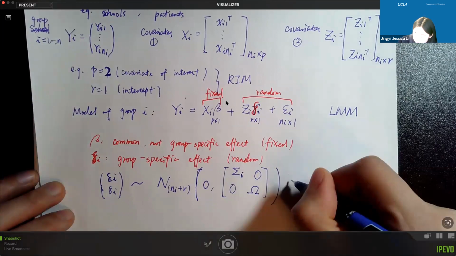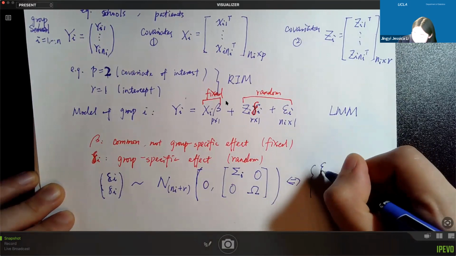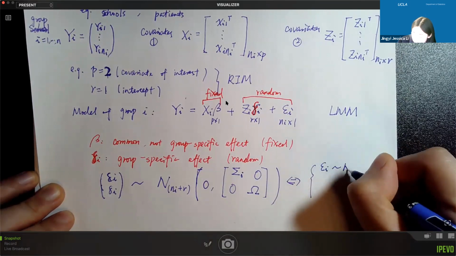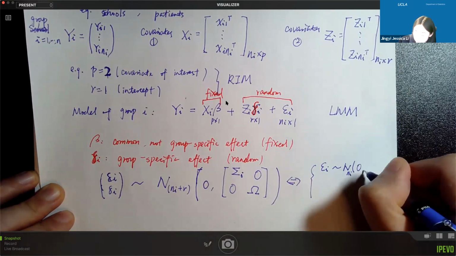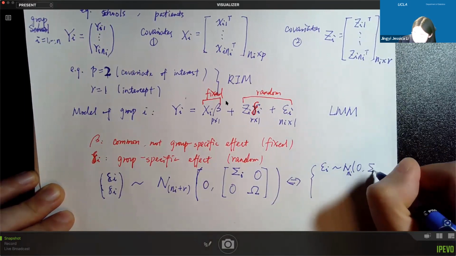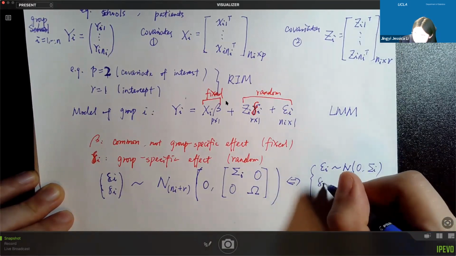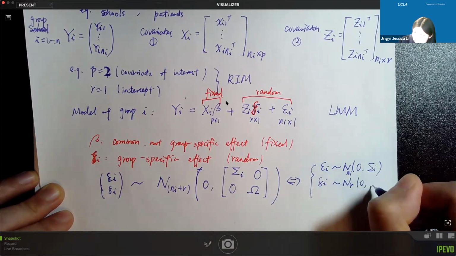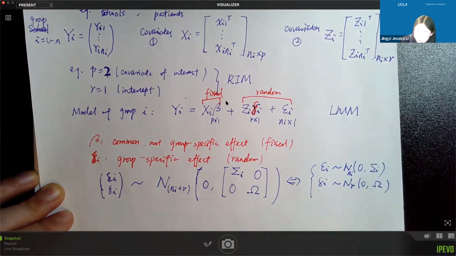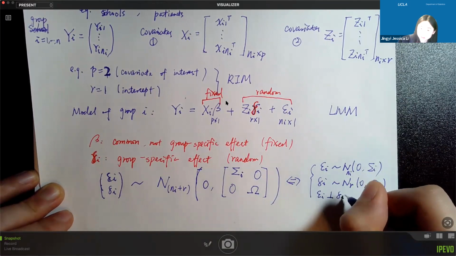Or you can write it in this way, if you are more familiar with that: epsilon_i following a normal distribution with n_i degrees of freedom, mean vector 0, and covariance matrix Sigma_i. And we have delta_i following a normal distribution with r degrees of freedom, mean 0, and the common covariance Omega. And then these two random vectors are independent of each other.